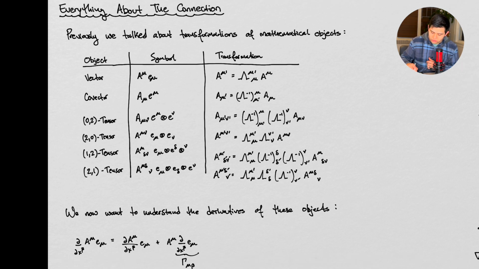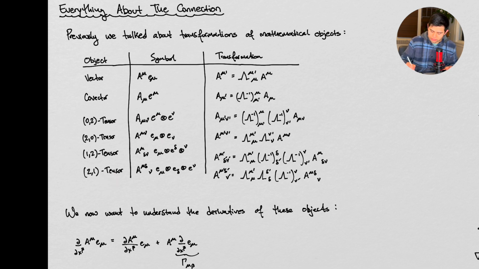Okay. So previously, just as a refresher, we talked about transformations of mathematical objects. We talked about the transformation of vectors and covectors, the mathematical symbol we wrote down with a superscript for vectors and a subscript for the covectors. And then we had these arbitrary tensors that I define here as well.